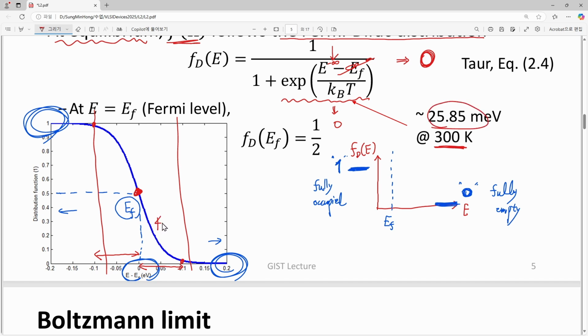This is about 4 times kBT, and this is also 4 kBT. So if we are far from this Fermi energy level, away approximately 3 or 4 kBT, then we can say that our states are completely empty or completely filled. So roughly speaking.